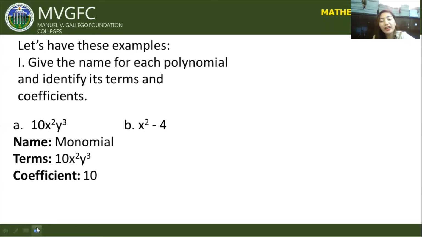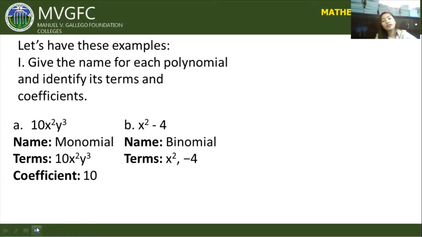We have here x squared minus 4. What is the name of this polynomial? Okay, this is a binomial. How about the terms? The terms are x squared and negative 4. Since we're referring to a binomial, there are two terms to begin with.